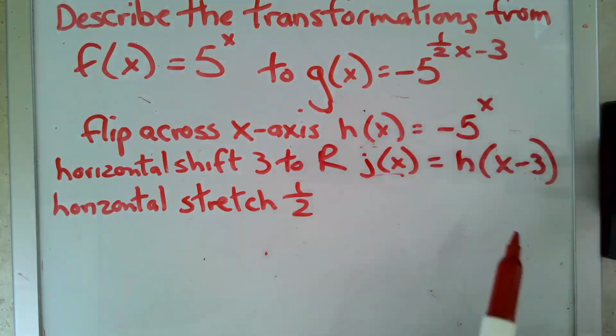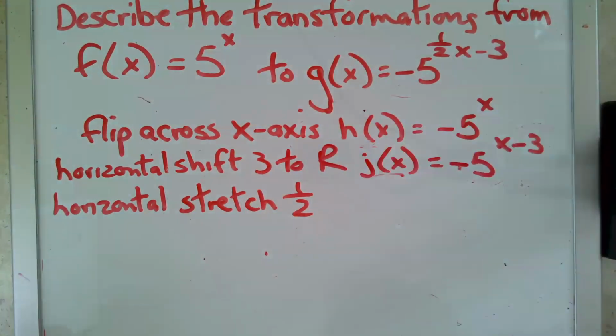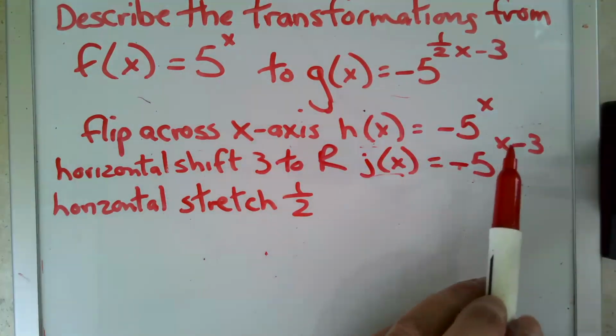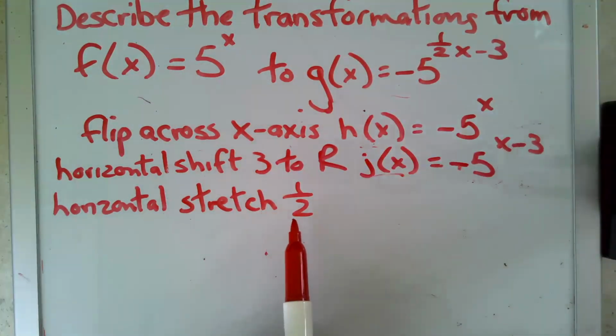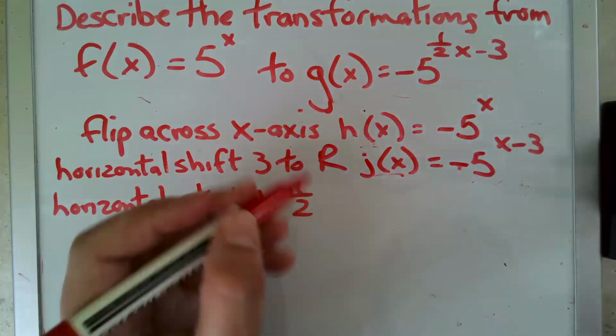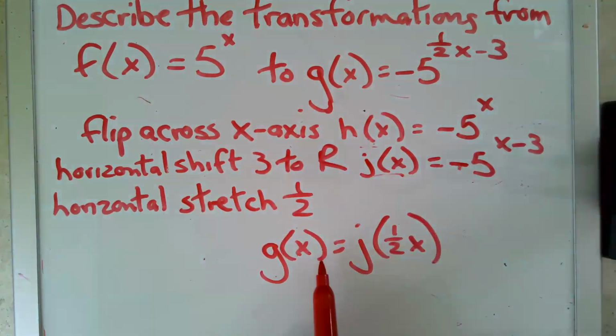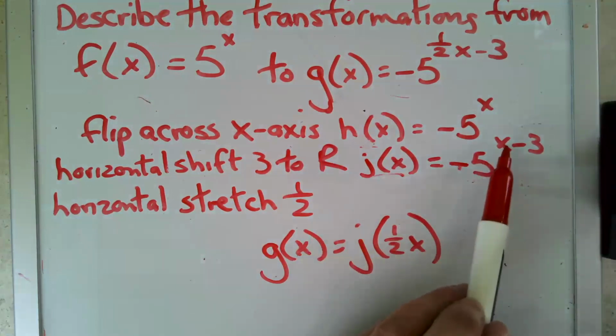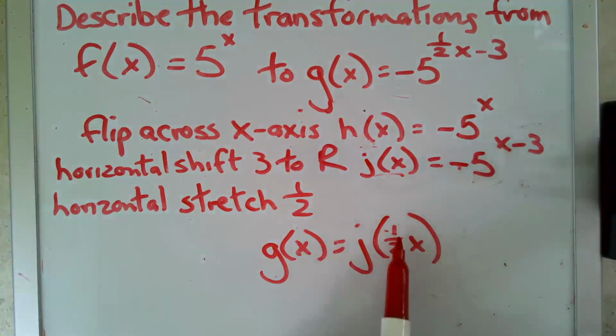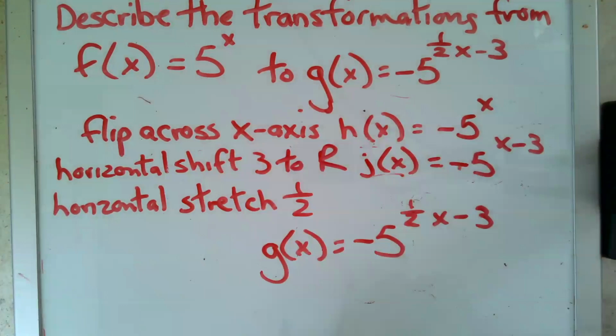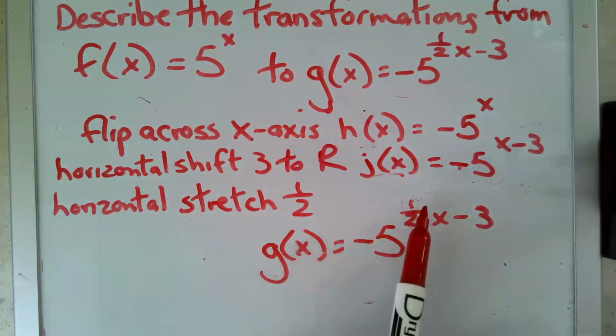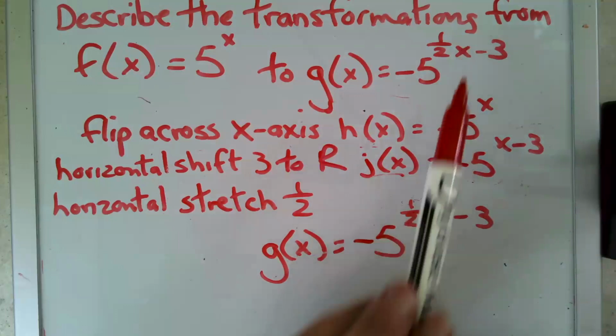That means everywhere there was an x, we substitute x minus 3, giving us -5 to the x minus 3. And then finally, our horizontal stretch of 1/2 means that our final g of x is j of 1/2 x. That means where we see an x, we substitute in a 1/2 x. And that's how we get g of x being -5 to the 1/2 x minus 3.